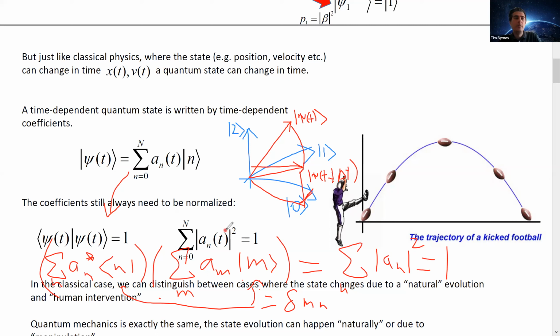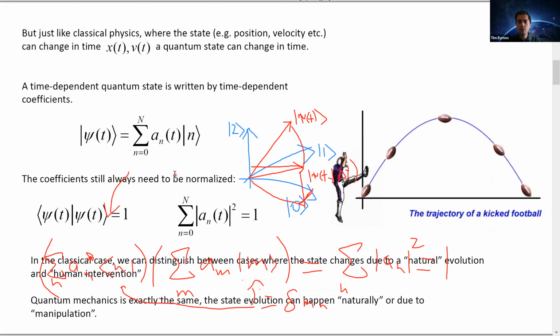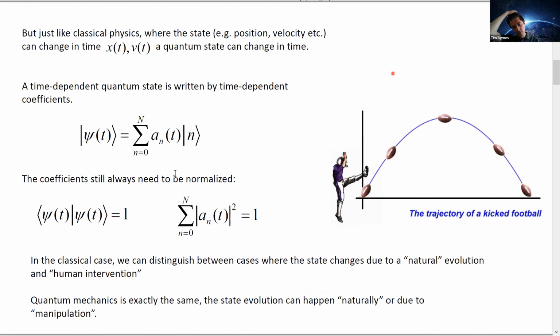And so you might wonder, is this state changing just because something natural is making it change, or in fact, what is making the state change in the first place? Basically, there can be two situations. Just like in the case of this ball being kicked, this ball is moving like this because this guy came along and kicked it, right?